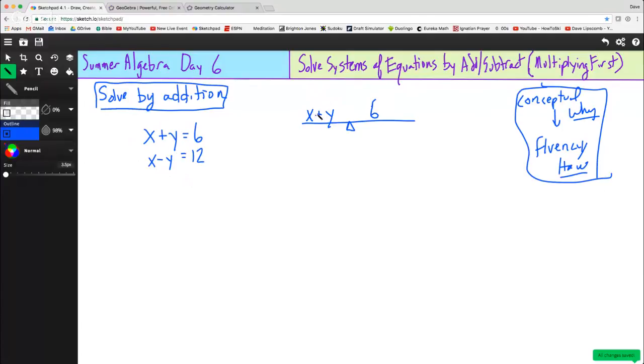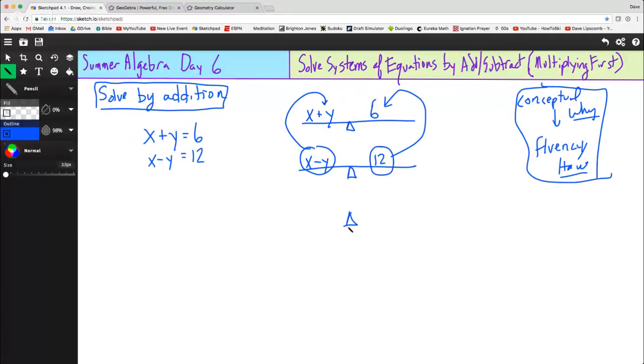Okay, so I have this balance. If I have x plus y on this side and a 6 on this side, my two things balance, right? Because they're equal. I also know that these two numbers, if I take their difference and put them on a balance, will balance as well. If I have something balancing on a seesaw, and I take something else that balances, I can take this thing here and stick it on here, and I can take this 12 and stick it on this side of the balance, and the whole thing should still balance.